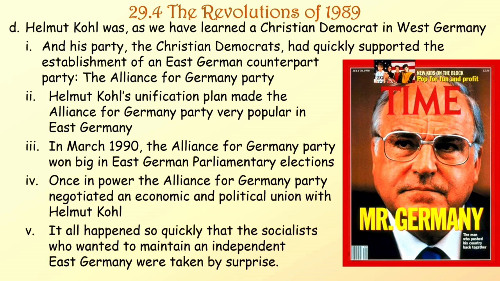In March 1990, this Alliance for Germany Party won big in East German parliamentary elections. Once in power, the Alliance for Germany Party negotiated an economic and political union with Helmut Kohl. It all happened so quickly that the socialists who wanted to maintain an independent East Germany were taken by surprise.